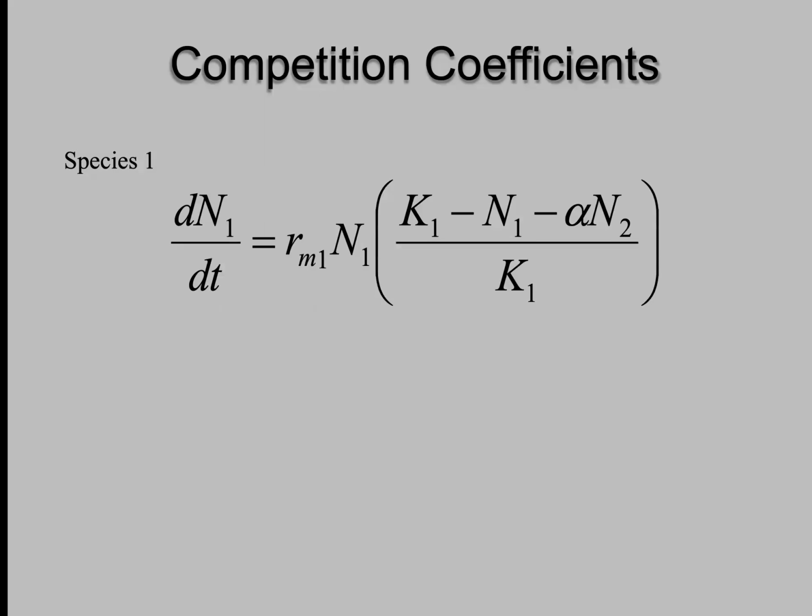But that was just when a single population was growing. Now we have to account for the fact that intraspecific competition slows growth, but now we've also got interspecific competition. So we have the impacts of species one on itself as it grows and grows and grows, but also species two on species one, okay?